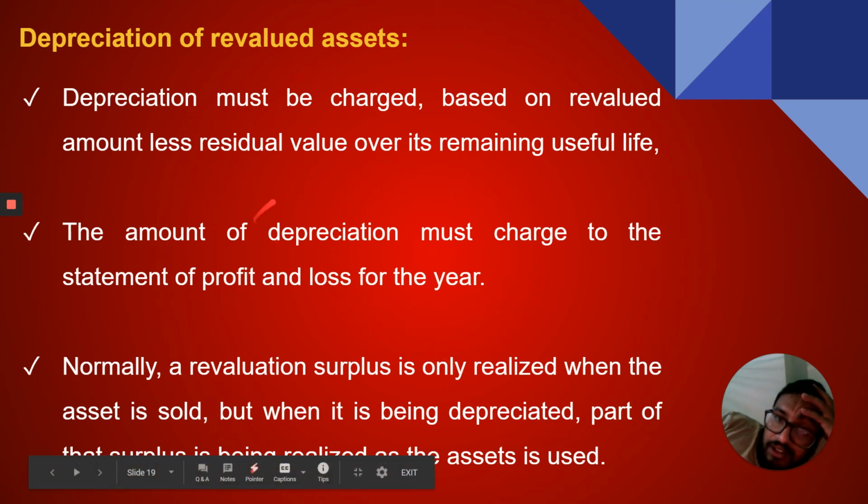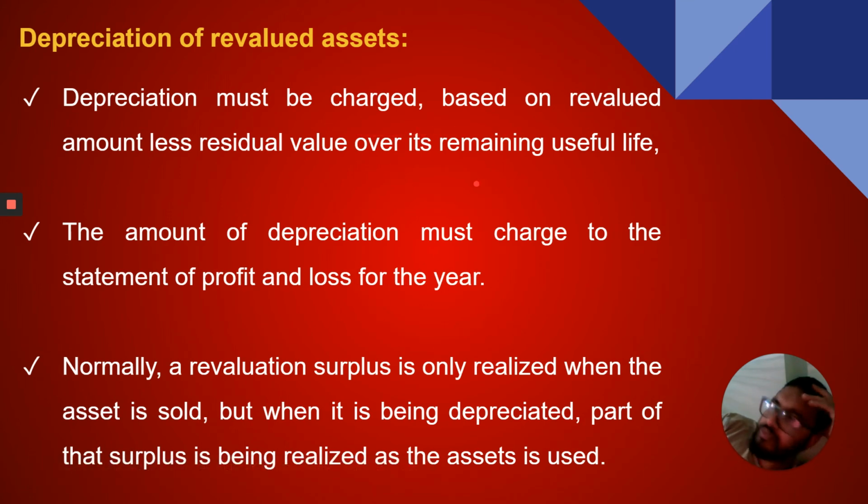As you can see in the slide as well, it is the revalued amount less residual value over its remaining useful life. So suppose it was bought at 100,000 and then the value went up to 150,000, right? If the scrap value is zero, that means 150,000 minus zero, divided by the useful life, right?